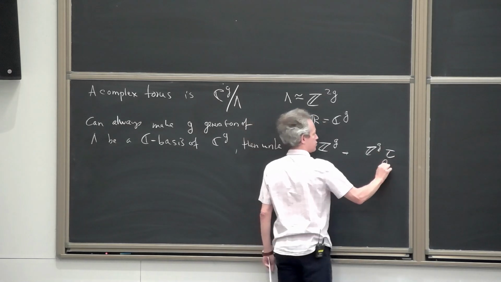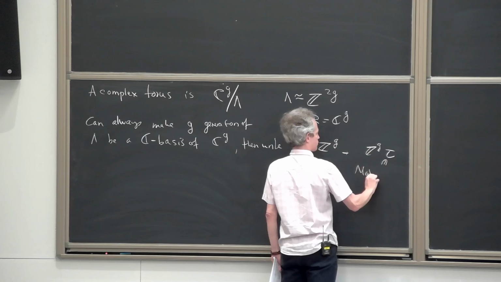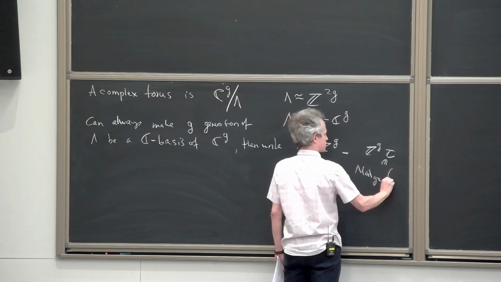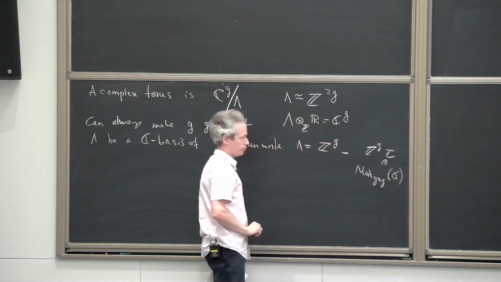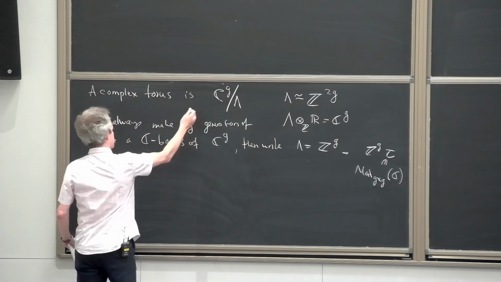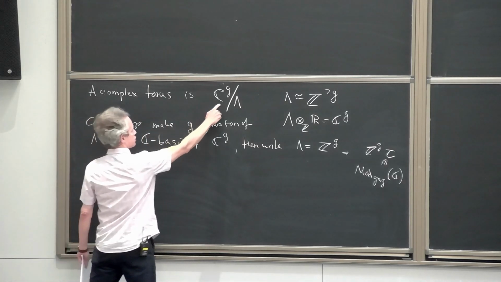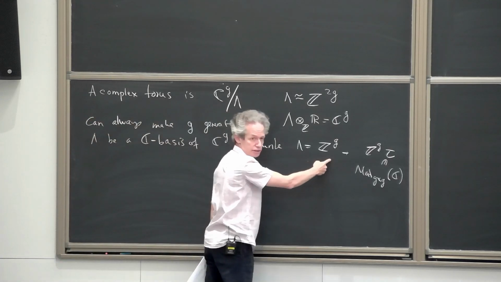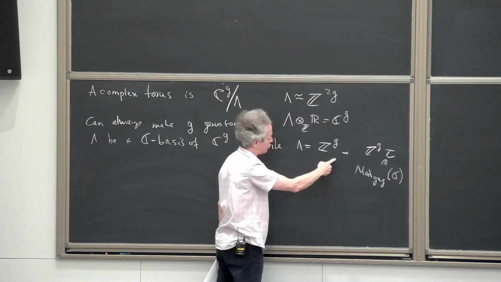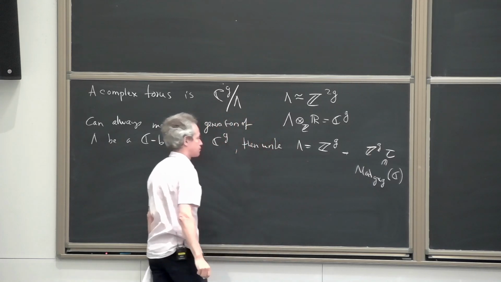Where this tau is a g by g complex matrix. Okay? So you can think that every complex torus is a quotient of C^g by such a lattice. We have specifically chosen this to be the case.